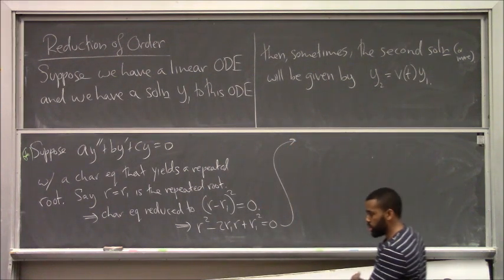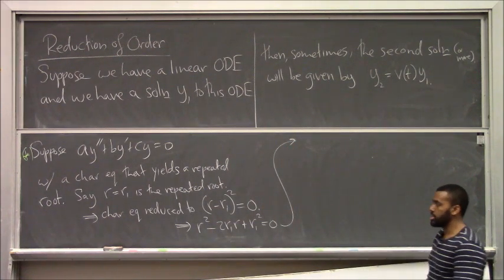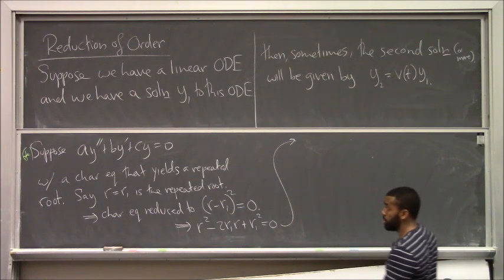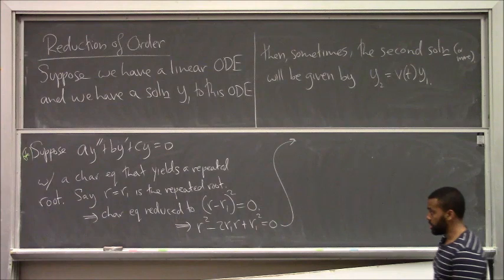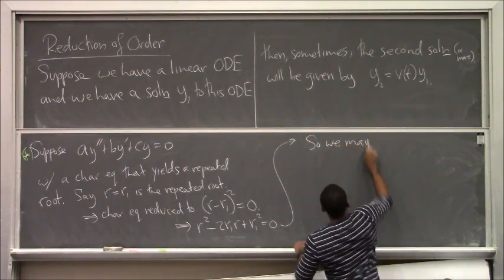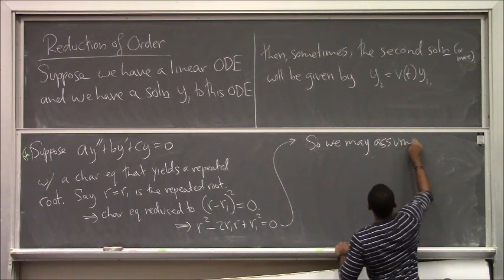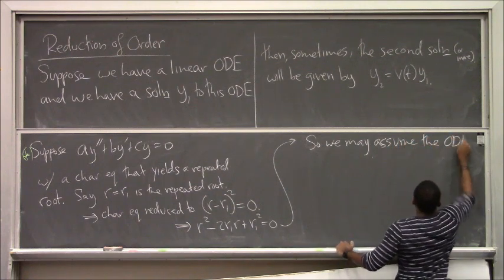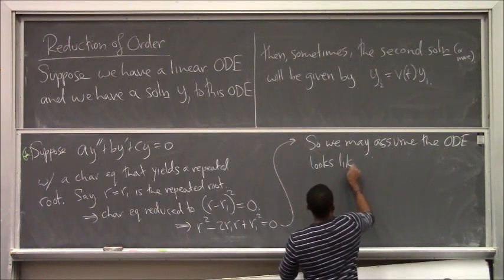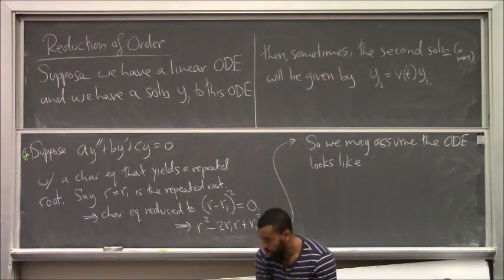Now this is after we reduce and we divide out all the constants, make the coefficient of y double prime to be 1. This is ultimately what the characteristic is going to look like. So we may assume the ODE looks like the following.